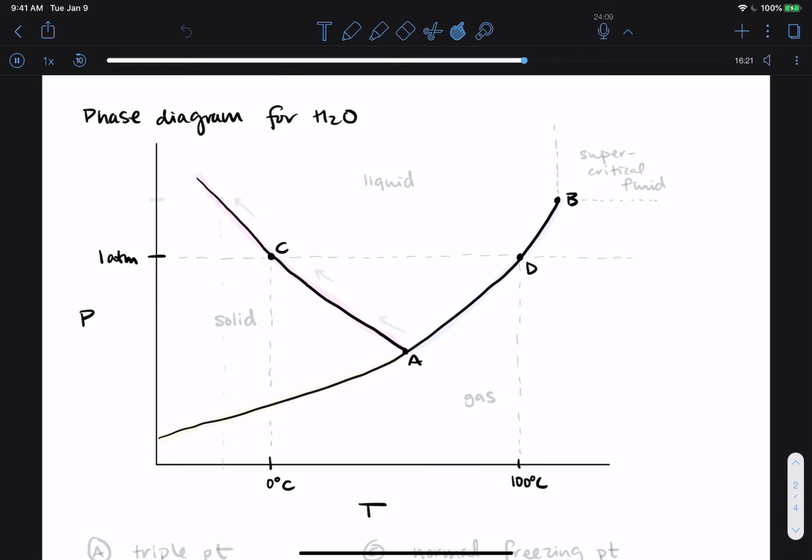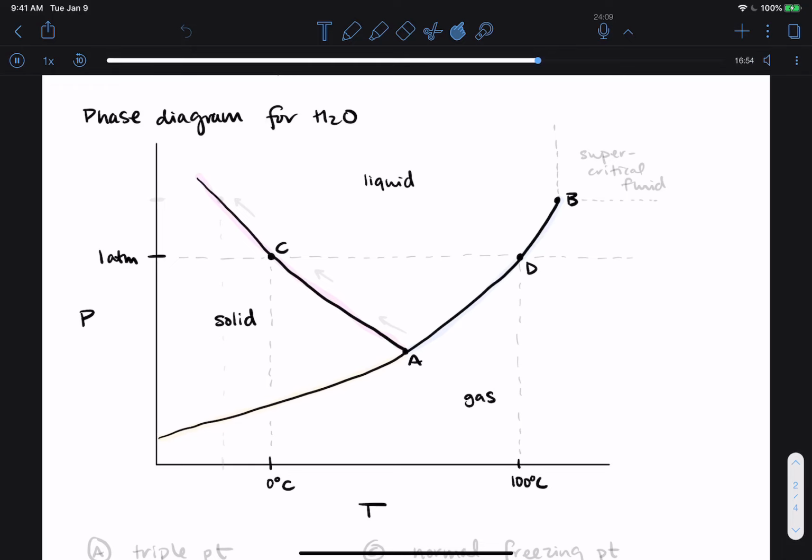This section to the left is solid, so under any pressure and temperature conditions contained between those boundary lines, you would have a solid present for whatever substance it is, in this case water. This is the liquid section up here in the middle, and then everything down here is a gas or a vapor.